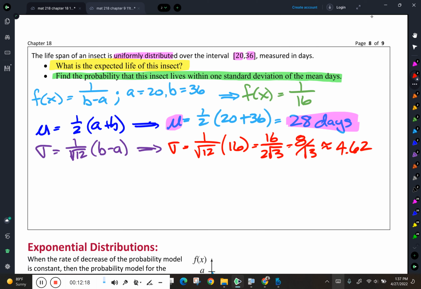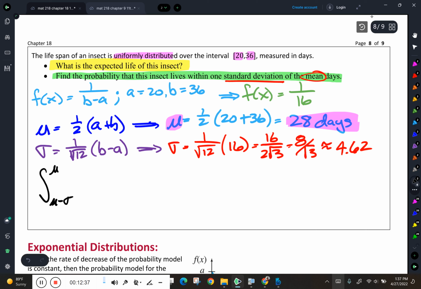All right, now that I have a standard deviation, I can figure this out. Now, this is similar to the problem we did below, that within 1 standard deviation of the mean means 1 below to 1 above. So I'm going to do an integral from the mean minus the standard deviation to the mean plus the standard deviation of my probability density function. And then when I plug in the values for this example right here, this is going to be 28 minus 4.62.